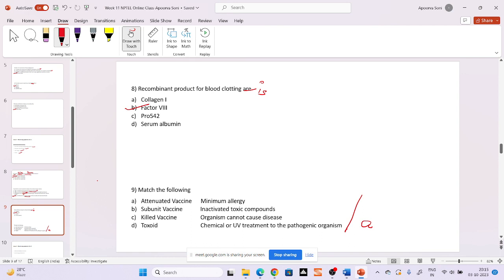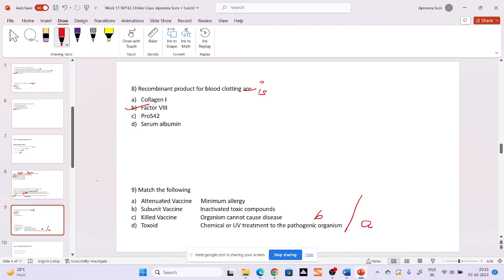Okay, killed vaccines. Ma'am, inactivated, I think, toxic compound. Ma'am, I think killed vaccine should be chemical or UV treatment to pathogenic organisms. So the organism is killed, and then attenuated is organism cannot cause disease, and toxoid is inactivated toxic compound.